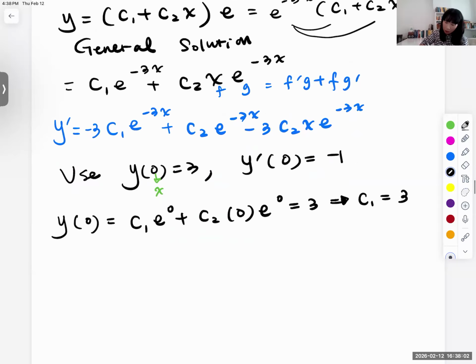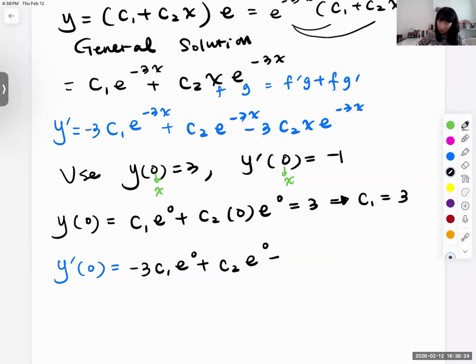Okay, how about y prime of 0? So we have, yeah, this is 0, right? Okay, so there will be negative 3 c sub 1 e to the 0 plus c sub 2 e to the 0 minus 3 c sub 2 times 0.